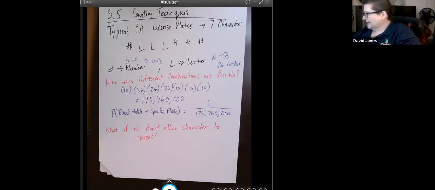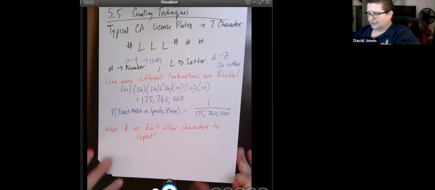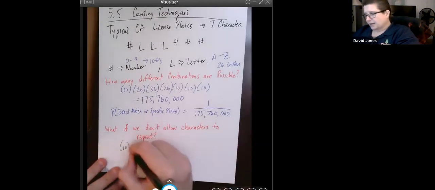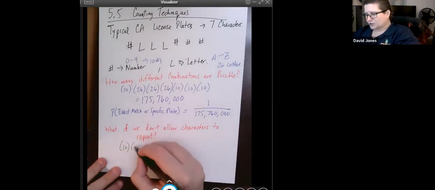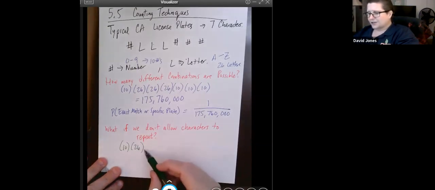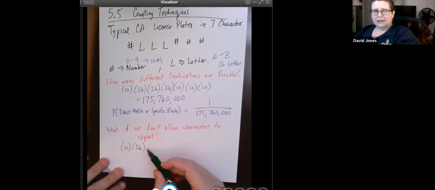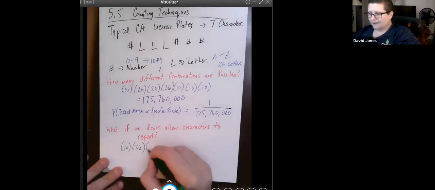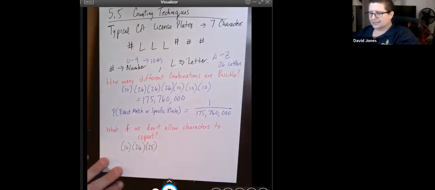Now, if we disallow repetition, what happens? Well, the first number is fine. It's still 10. And the first letter is fine. It's still 26. When I get to the next letter, though, let's say I used A already. I can't use A anymore, so I could only use B through Z. That leaves 25 letters. And let's say I used B for the second one.